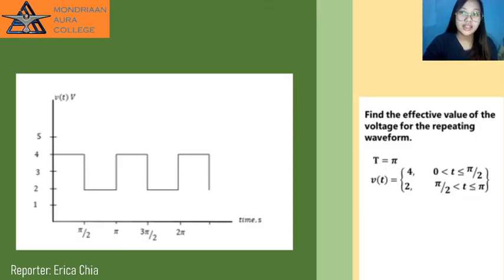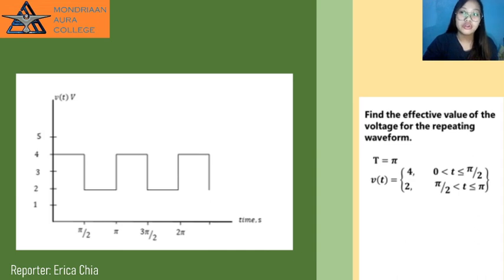So, for this example, let's try to find the RMS value of a square wave. The first thing that we should notice is that it has a period of pi. Meaning na sa isang wave na to, meron tayong period of pi.